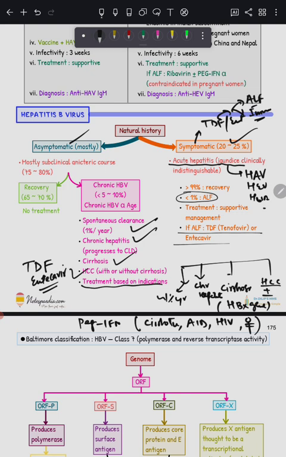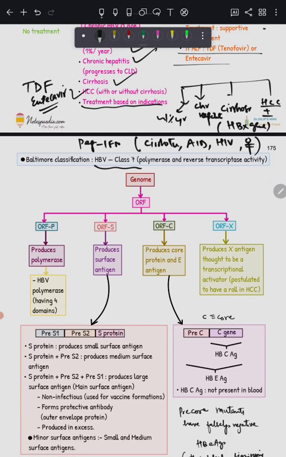So bottom line, if we see, as per Baltimore classification, class 7 virus, HBV is a partially double-stranded DNA virus with reverse transcriptase activity that is unique among DNA viruses. These are the ORFs: ORFP, ORFS, ORFC and ORFX.